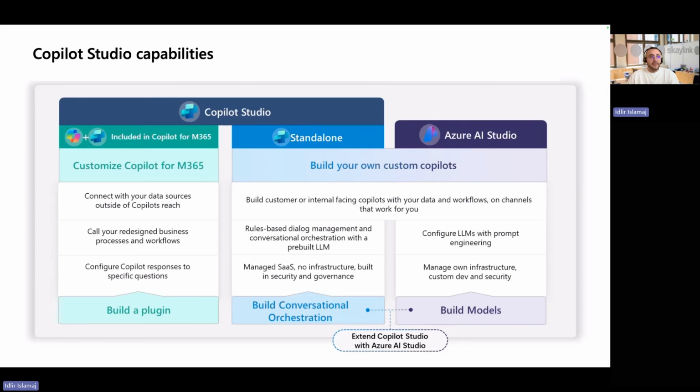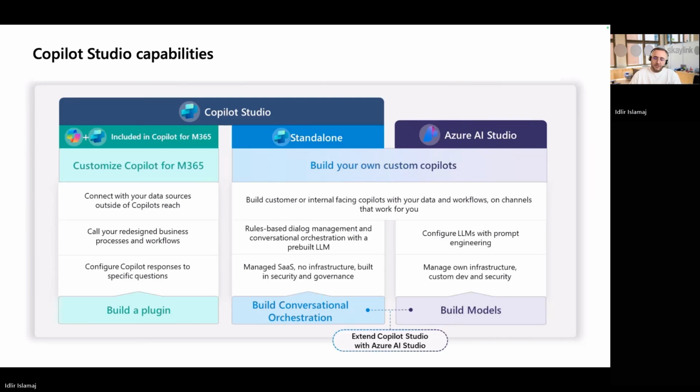And then you have the ability to go even further and use Azure AI Studio, which is a brand new hub that enables developers and AI engineers to explore all Azure AI services in one centralized place. This is a little bit more professional, meaning that you can configure your language model with prompt engineering. You have to manage your own infrastructure and develop different kinds of features you would like your bot to handle.